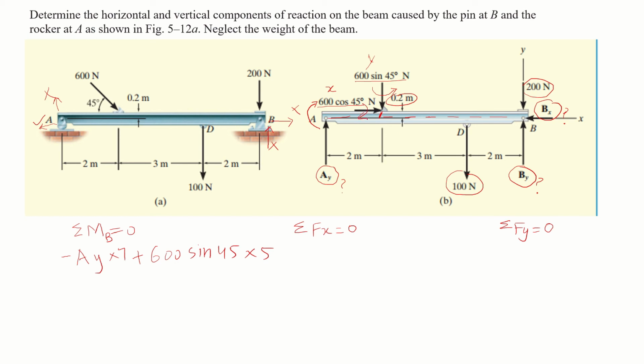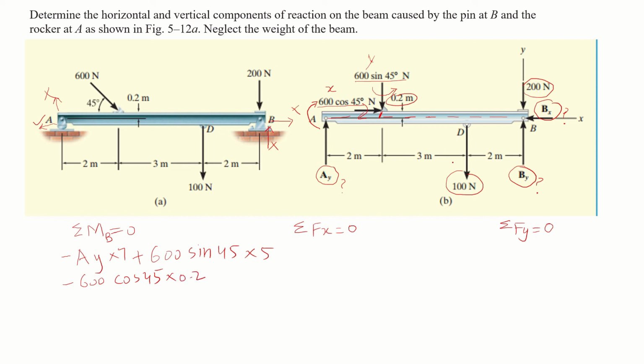So it will also have a negative sign: 600 cos 45 multiplied by 0.2.